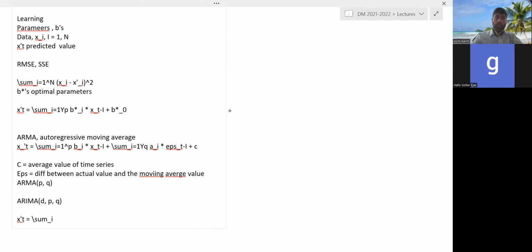Sum i equal to 1 to p, this is for the AR, you have b_i times X_{t-i}. Then you have the other for moving average, i equal to 1 to q. Then we have a_i, let's say, times X_{t-i}. And then the third, of course, is for differencing. Actually, that will not be X_i, that will be epsilon.